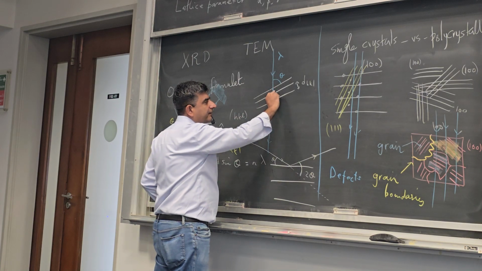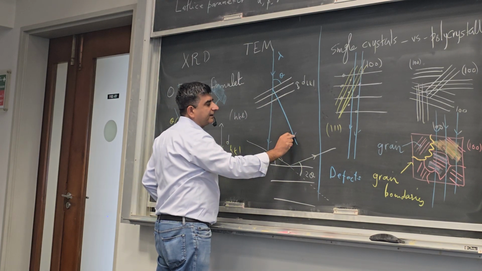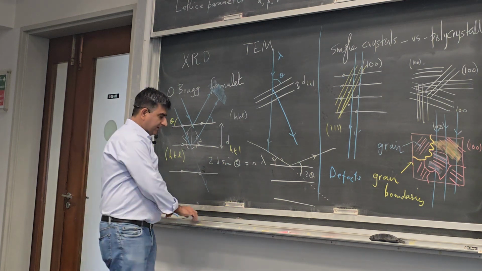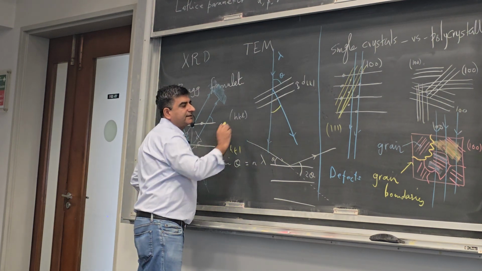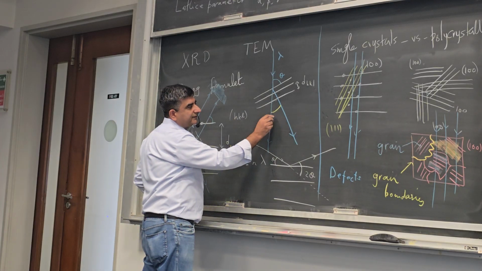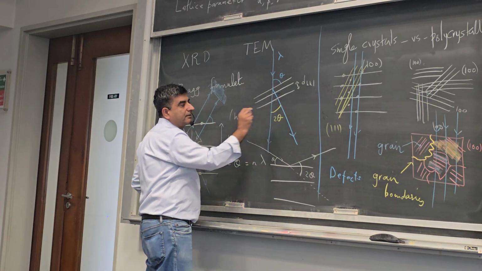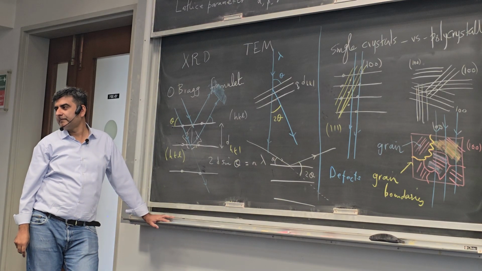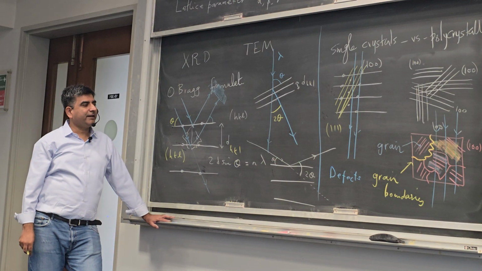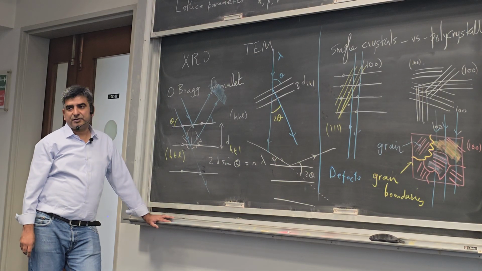And the scattered ray is going to come off at a certain angle, such that the deviation from the unscattered direction of these scattered rays is going to be equal to 2 theta. Okay, so this is the Bragg formulation.